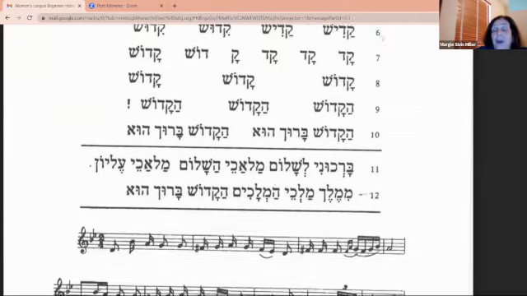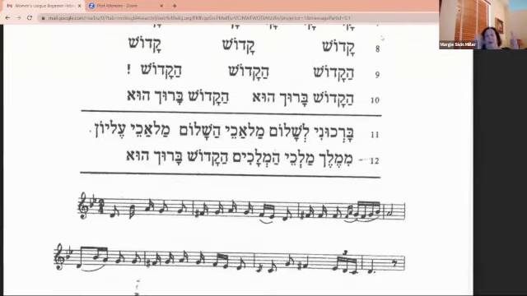And then lines 11 and 12 go back to what we're learning, Shalom Aleichem.